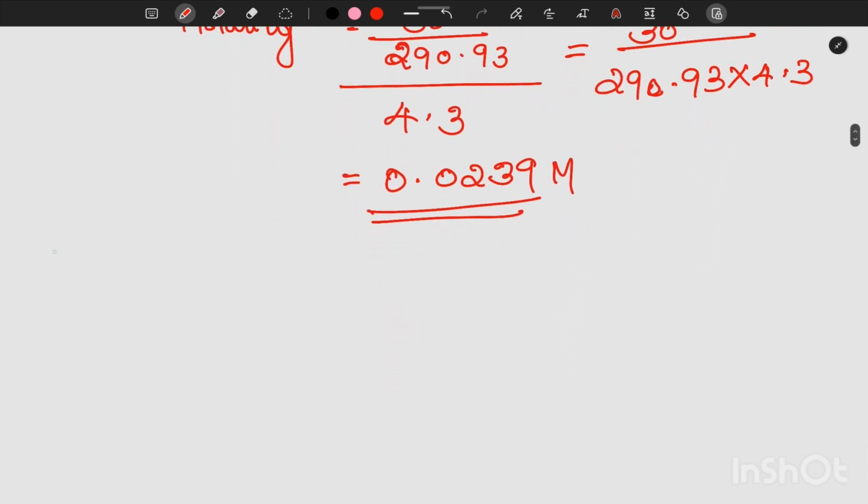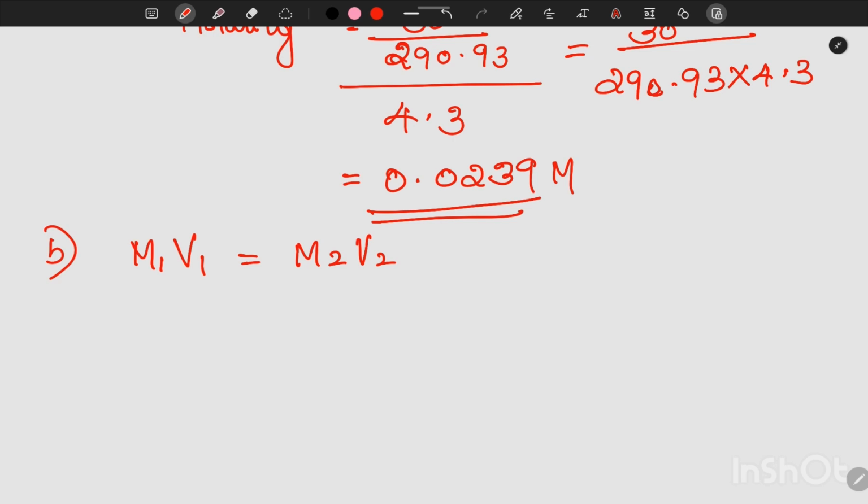Then second part of the question, 30 ml of 0.5 molar sulfuric acid diluted to 500 ml. So you can use the dilution formula, M1V1 equal to M2V2.